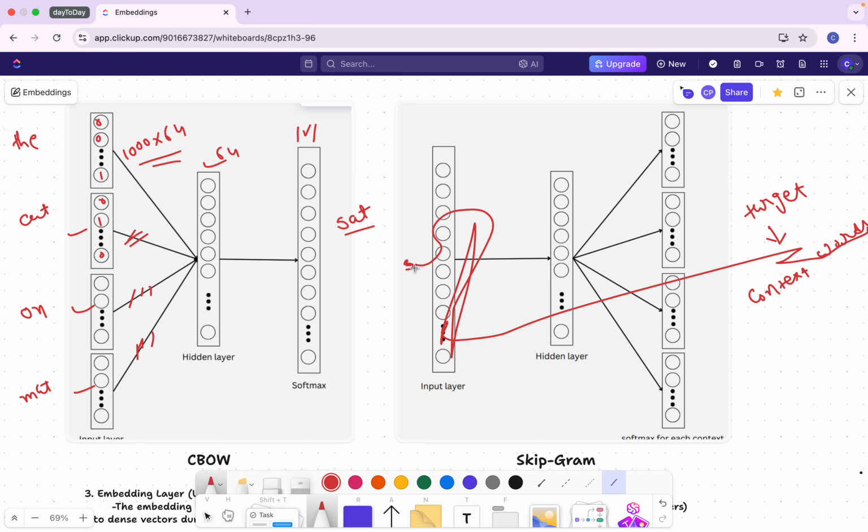Here we will provide one hot encoding of "sat", and we will try to predict, let's say, "the cat on mat", right? It is the reverse. So the skipgram is very hard to train, because from one word we need to predict multiple words, right? So this is how the skipgram works.